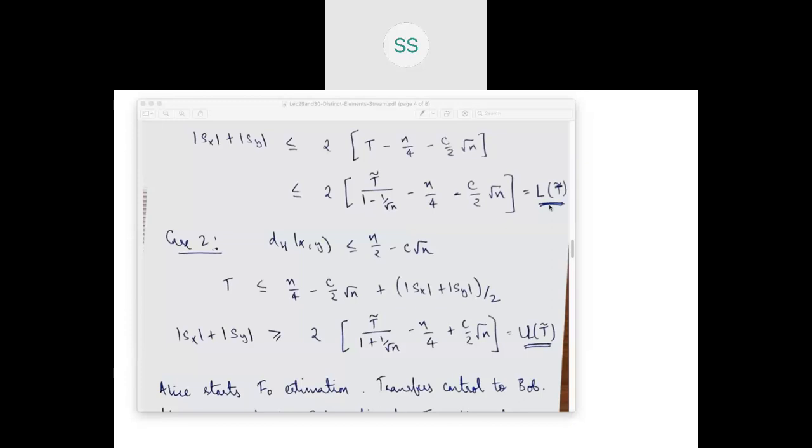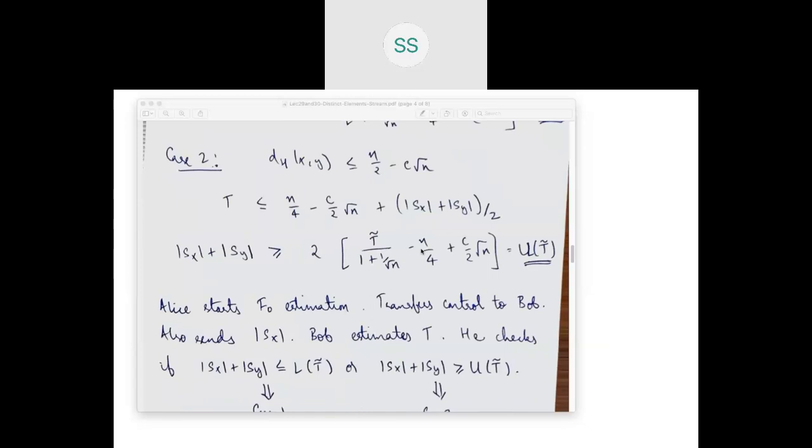Hence, Bob can compute lt tilde and ut tilde and also compute sx plus sy, and then determine whether sx plus sy is going to be less than lt tilde or greater than ut tilde. It cannot be in between because we are given the promise that the Hamming distance is either less than this or greater than this. We are in case 1 or case 2, not in any other case.